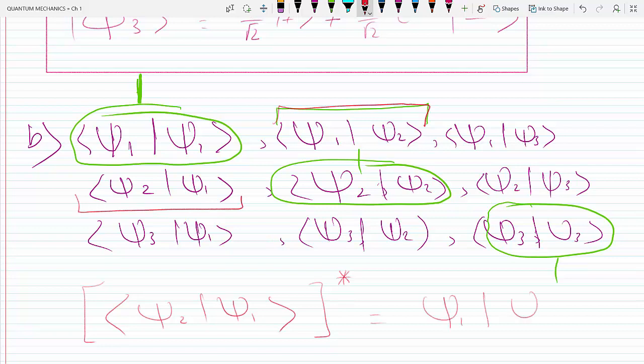So in a test situation, you don't have to do them both. If you know one, to get to the other you just complex conjugate the answer. Let's say one of them turned out to be 5 minus 2i, the other one will be 5 plus 2i.